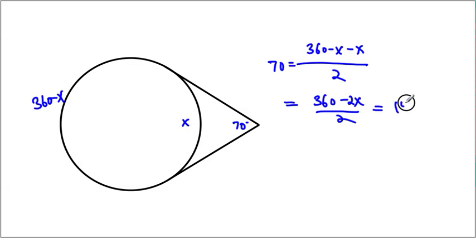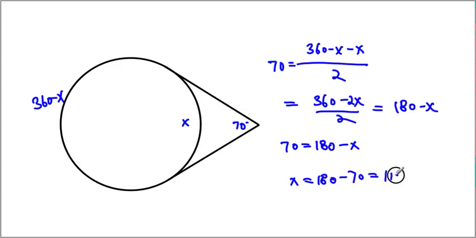This becomes 180 minus x. That has to be equal to 70. Then 70 is equal to 180 minus x, and therefore x must be equal to 180 minus 70, which is 110. The value of x would have been equal to 110.